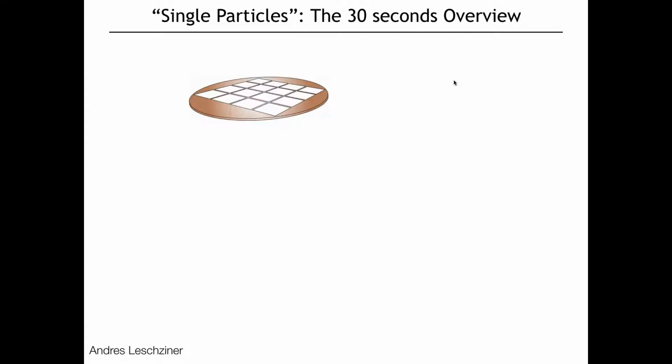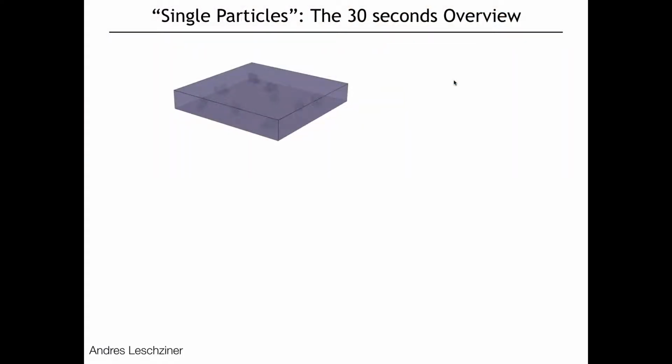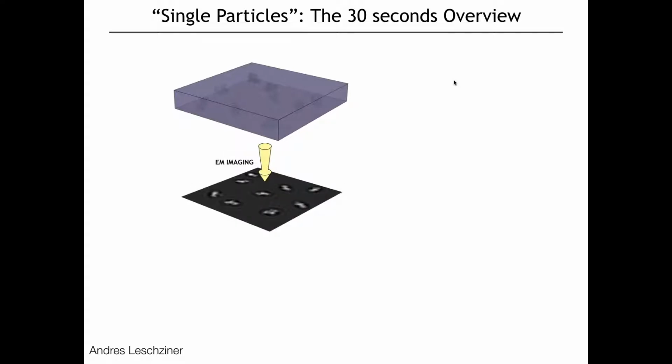So here's a grid, and the sample is applied onto the grid. This is a cross section of macromolecular particles within a layer of vitreous, or frozen hydrated, ice.